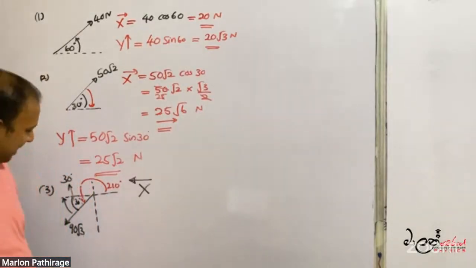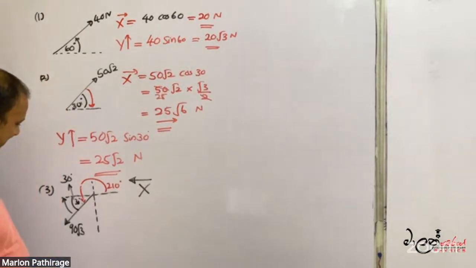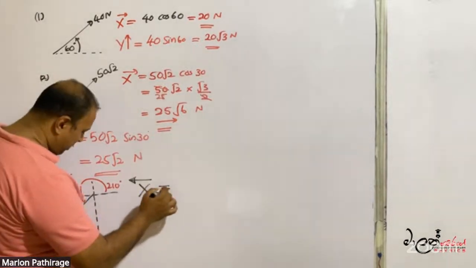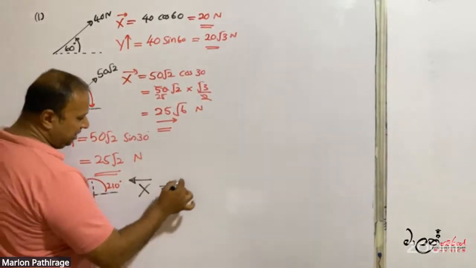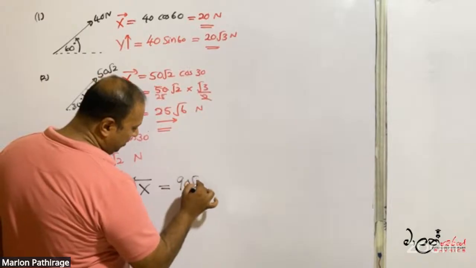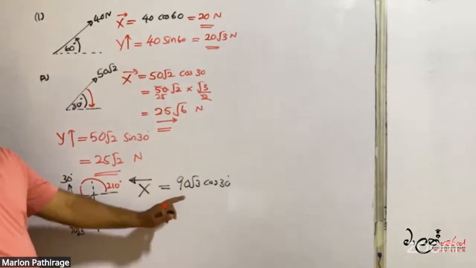Therefore, you need to mark the direction only. Then it should be 90 root 3 cos 30. If you got this one, please raise the hand.